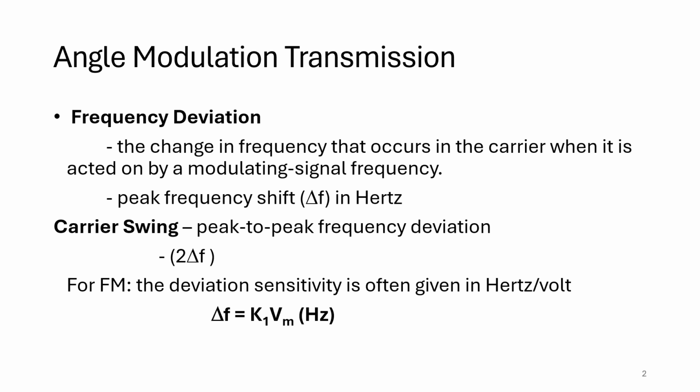For FM, the deviation sensitivity is often given in hertz per volt. The frequency deviation is given by K1, and if you can still remember from our first video, K1 is the deviation sensitivity for FM. We multiply it with VM, the magnitude of our voltage.